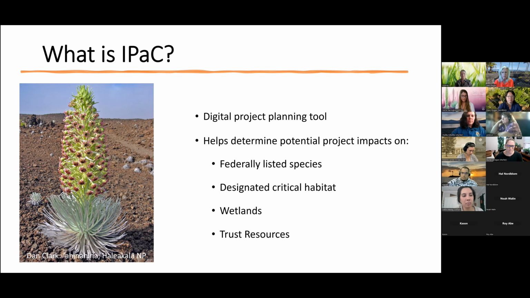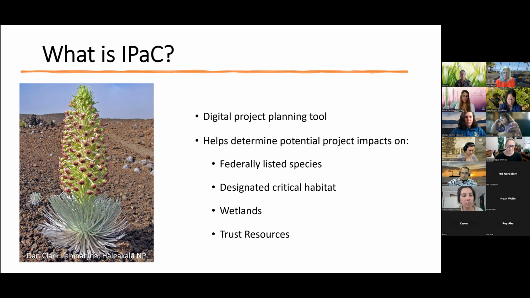It is important to note at this time, however, that IPAC only provides data for species under U.S. Fish and Wildlife Service jurisdiction and those for which we share jurisdiction with NOAA, like sea turtles. Data on NOAA-only listed species and marine mammals are not currently in IPAC. You will therefore need to also, as appropriate, consult with NOAA in the state.